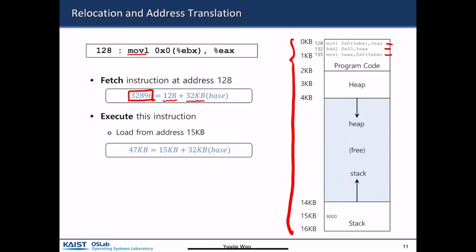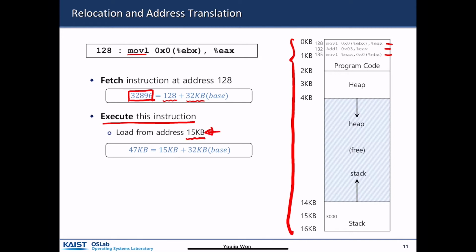And then after it fetches the instruction, it executes the instruction. In the course of executing this instruction, it has to access memory, and it is accessing the virtual address of 15 kilobytes.